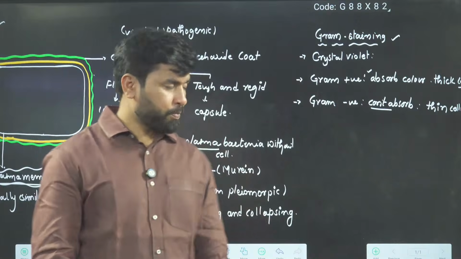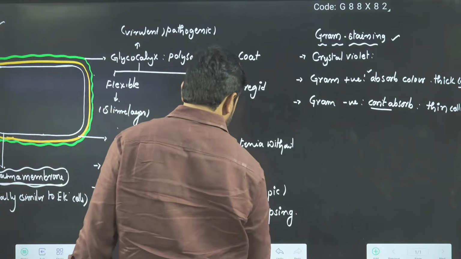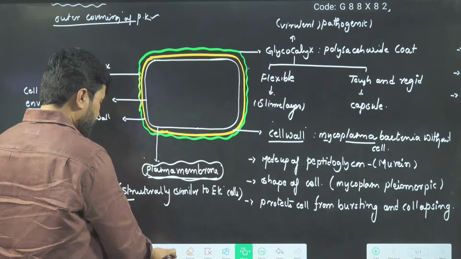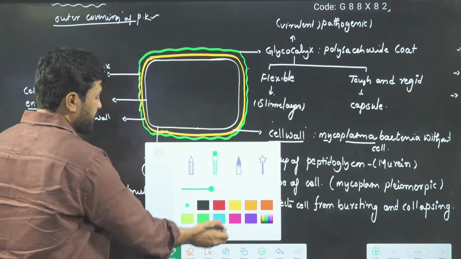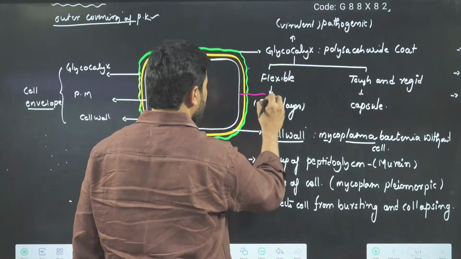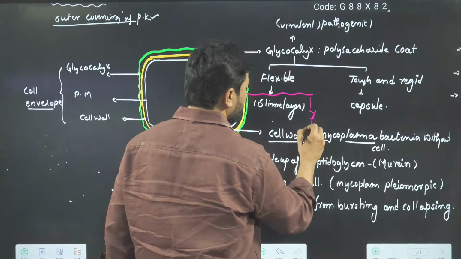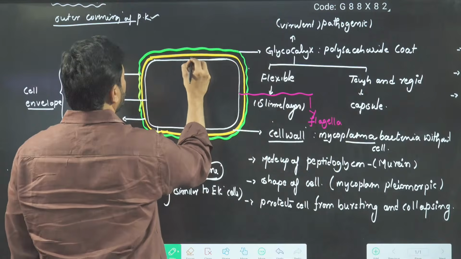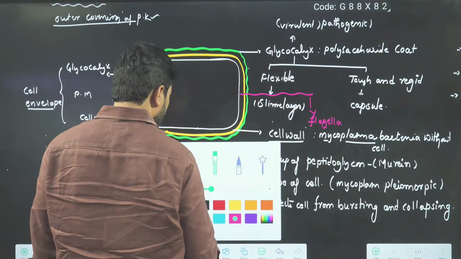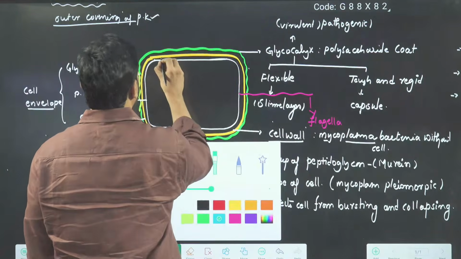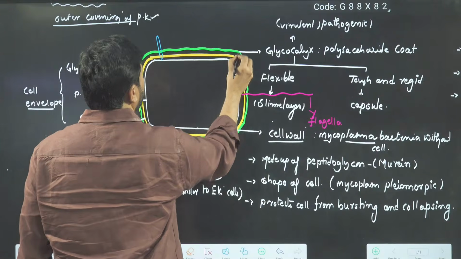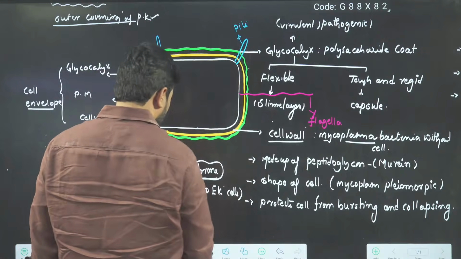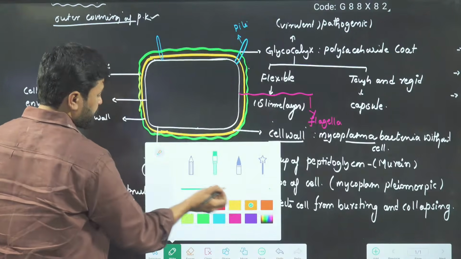That much is fine. Then go back to the cell. On the surface, what are the structures we will see? On the surface of the cell envelope, we will see structures like flagella. Next, we will see some structures like pili, and some more structures like fimbriae.